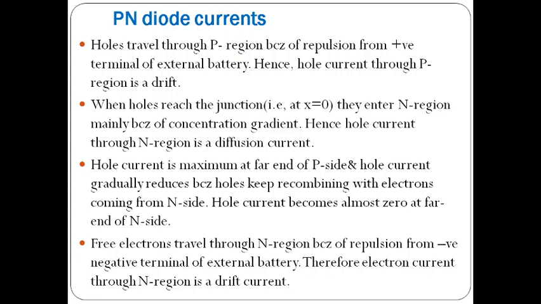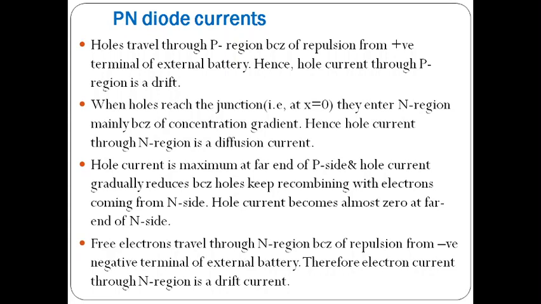You may ask, sir, we are already applying the electric field. Yes, that electric field affects the holes. Due to the electric field, the holes travel from one end of the P region to the junction point. That is called the drift mechanism or drift current.